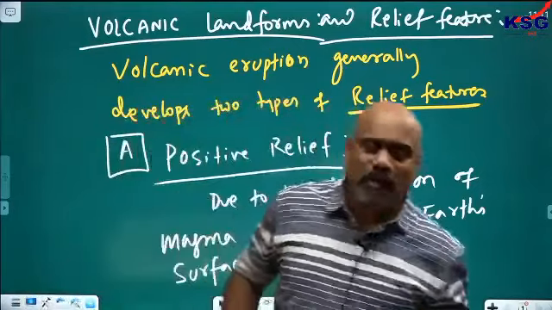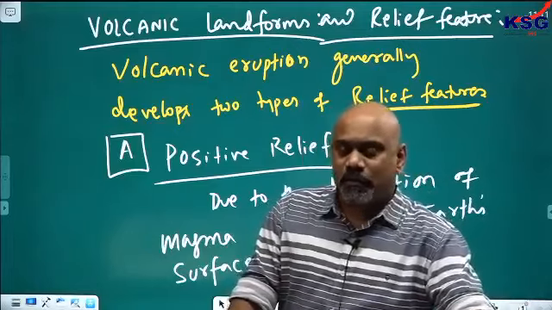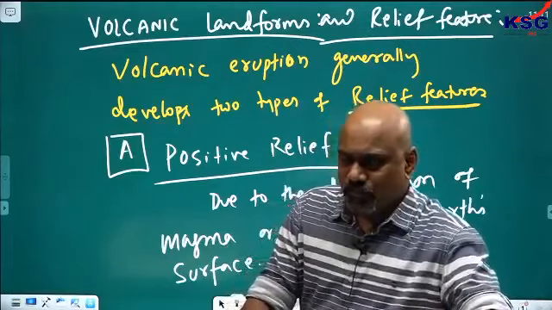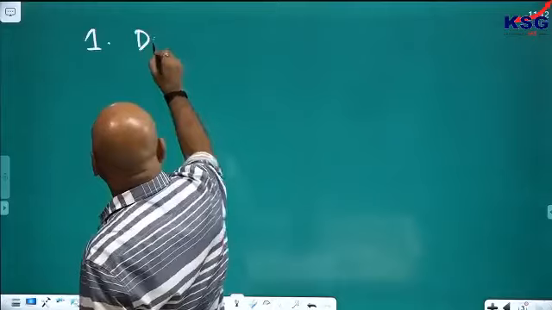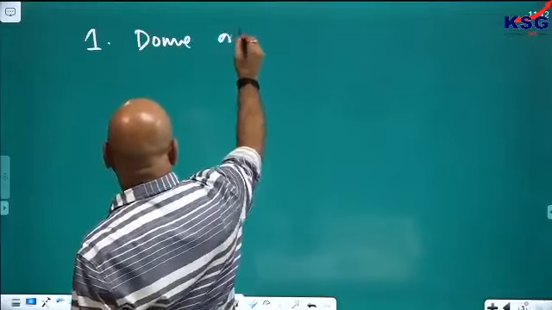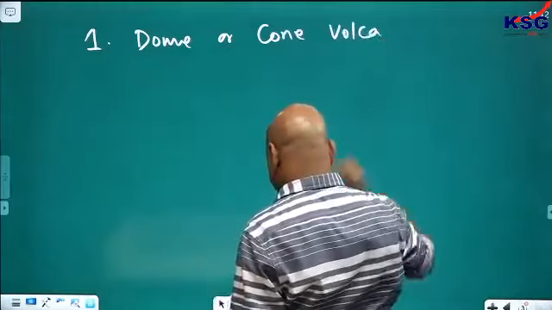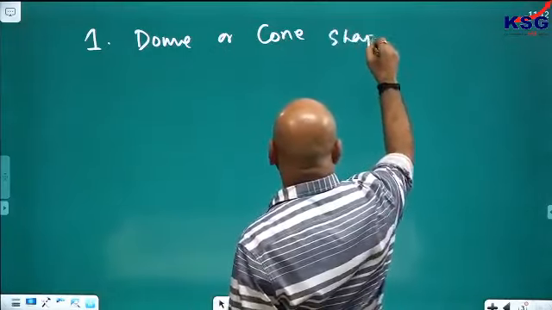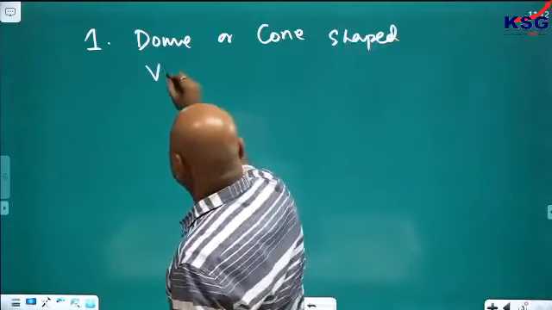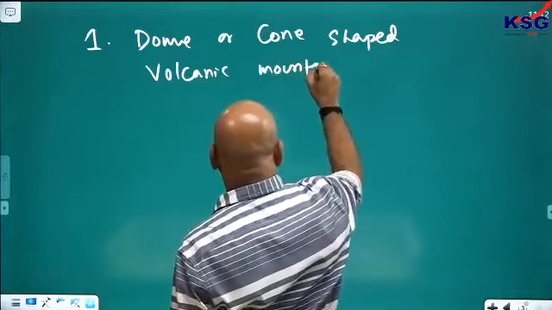So, deposition of lava leads to, number one, a dome or cone mountain, a cone shaped volcanic mountain, this will form.